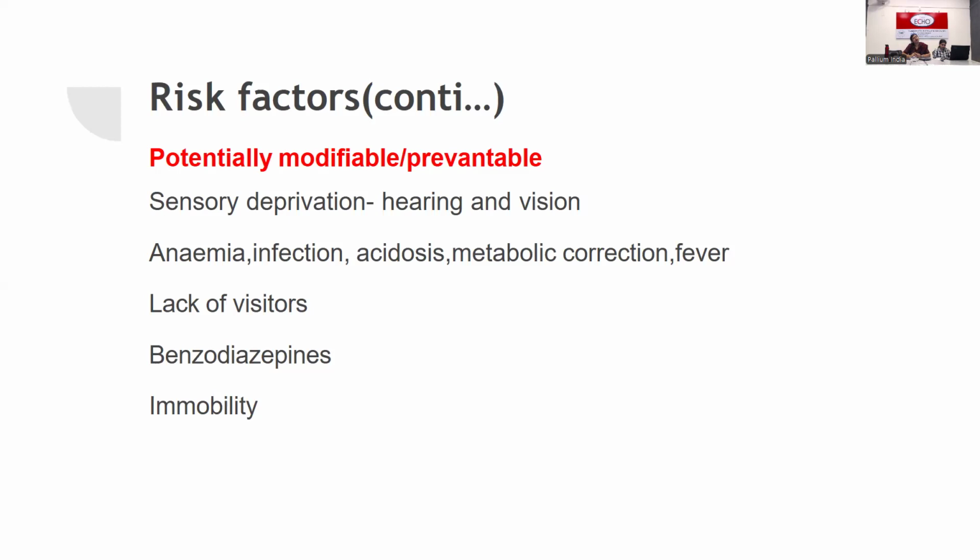Now, anemia, infection, acidosis, metabolic derangement, fever: in all these situations, you can try to correct them. You can correct the anemia, the infection, the metabolic problems, the sodium. Then lack of visitors.